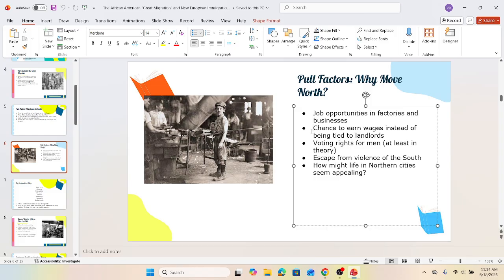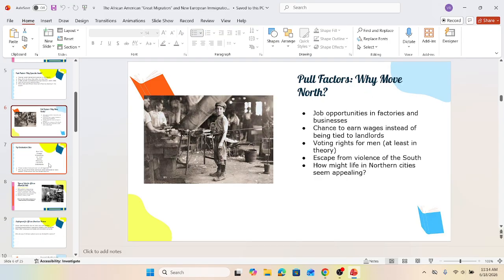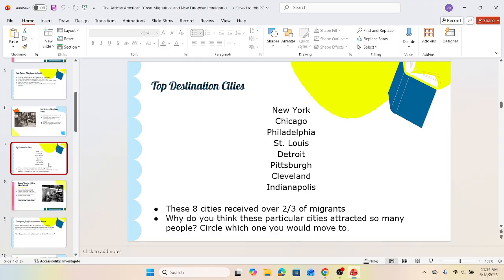In theory, it was supposed to be easier for Black men to vote and exercise those voting rights in the North without as much risk to their lives, and overall there was less violence than in the South. That wasn't always the case, but those were ultimately the factors for moving north.